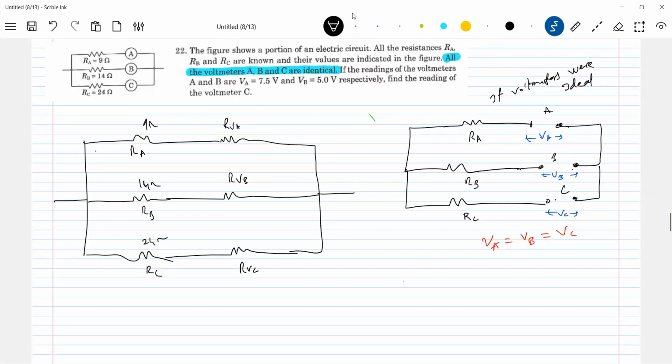We have information of this potential drop. How much is it? 7.5 volt. We have information of this one too, it is equal to 5 volt. It's asking us to calculate this drop.